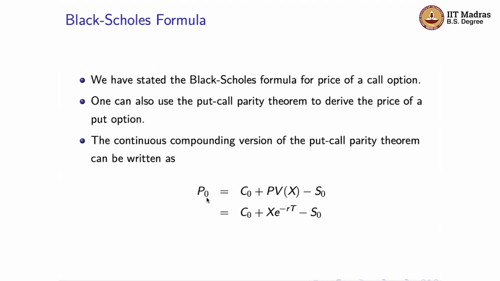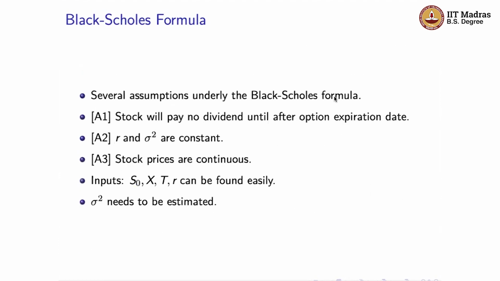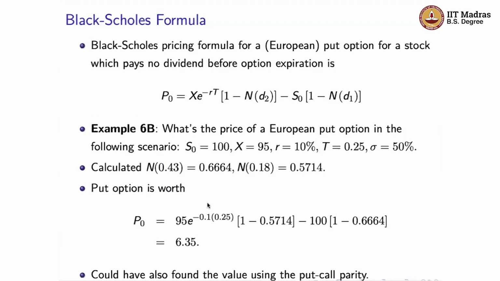The other way in which one can actually use the Black Scholes formula is that directly put in what this C0 was right here and get an expression for P0, right? So if you do that, this is basically the Black Scholes pricing formula for the European put option for a stock which pays no dividend before option expiration.